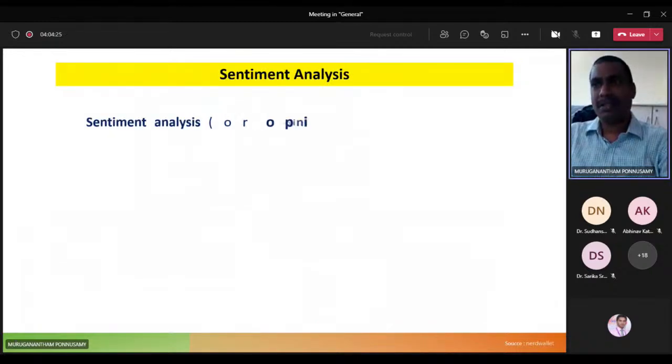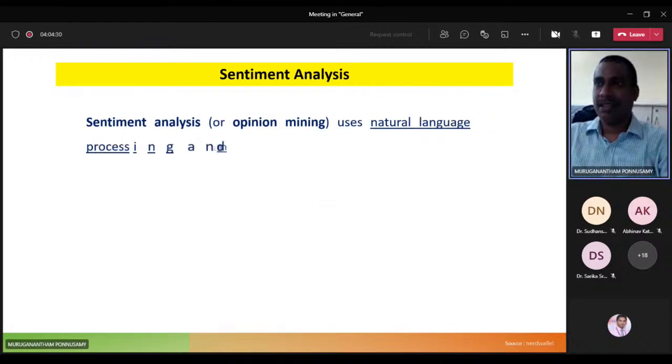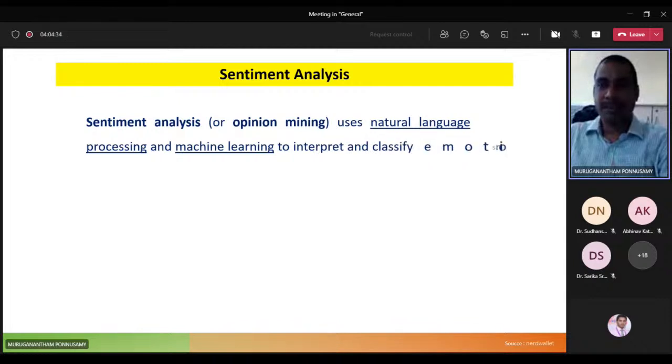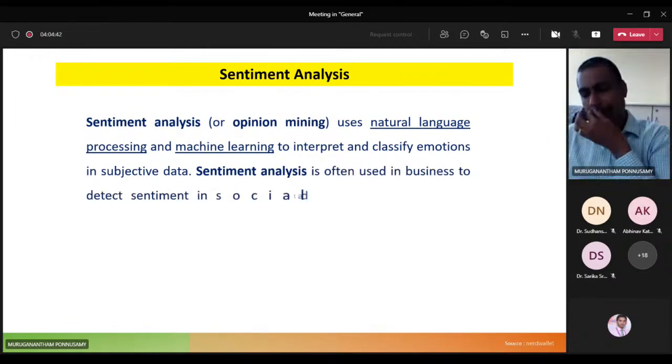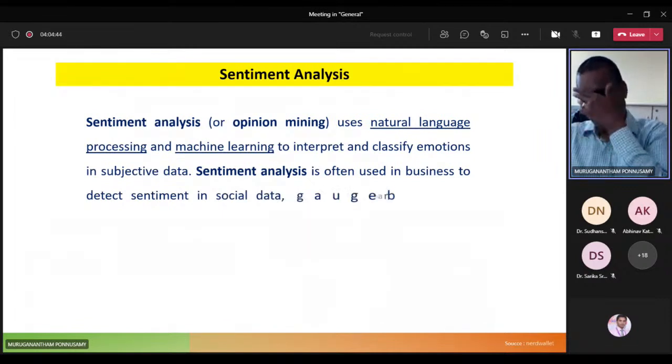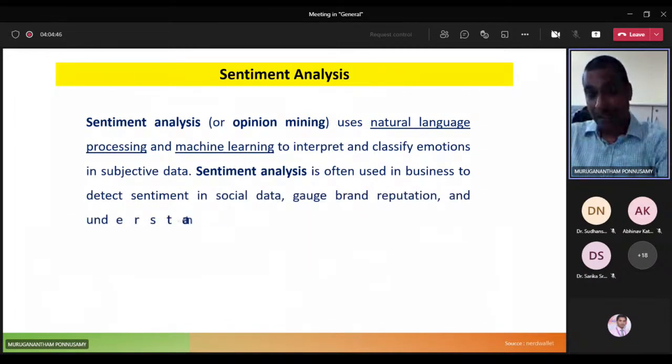Then comes sentiment analysis. I don't think so, none of the banks have such an option to get feedback from us. But if you go to a supermarket mall, before paying, the cashier will ask, sir, give your feedback.